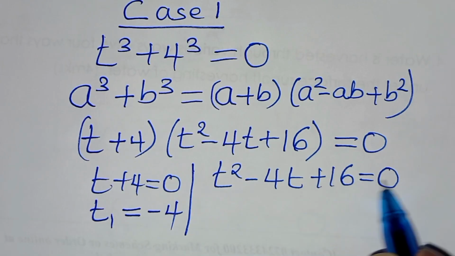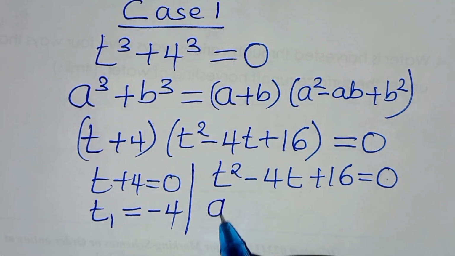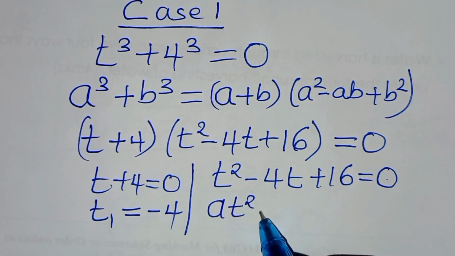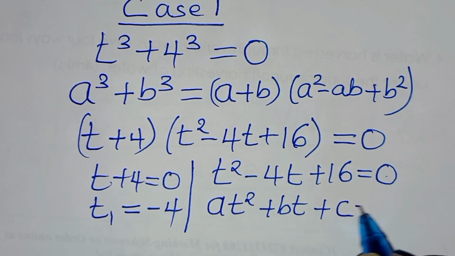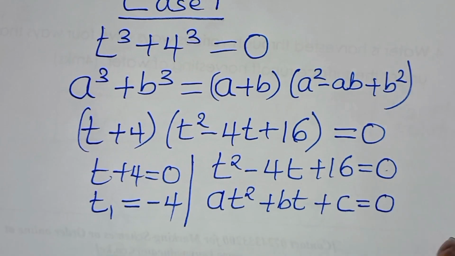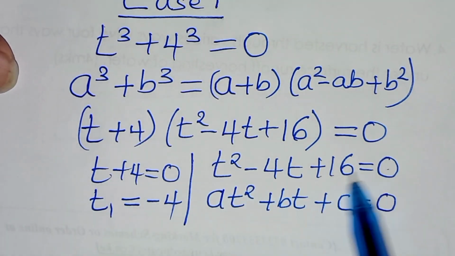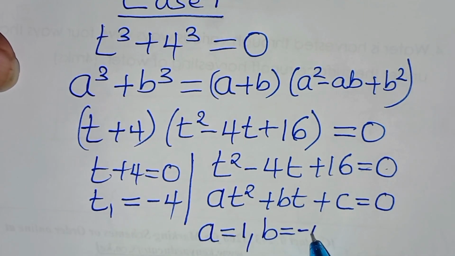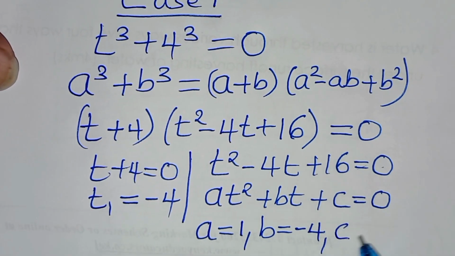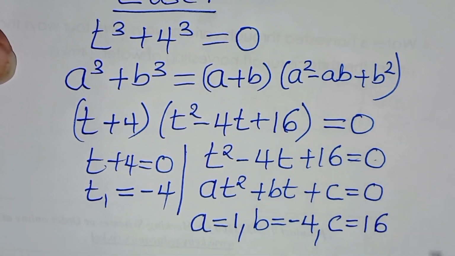And the second part here is a quadratic equation of the form at squared plus bt plus c equal to 0. From this quadratic equation, a is equal to 1, b is equal to minus 4, and c is equal to 16.